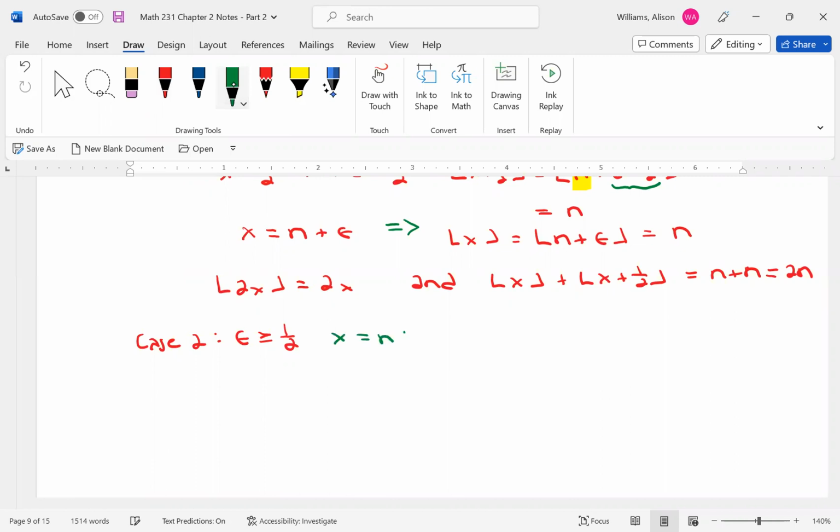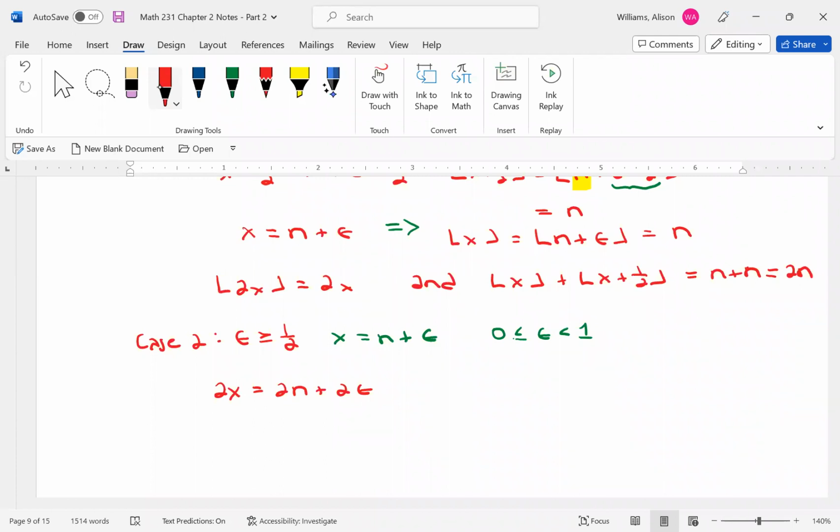Okay, so the same way I did before, I'm going to still use x equals n plus epsilon, where epsilon is between 0 and 1, but less than 1. Okay, great. Still using that. So I want to look again at 2x. Again, 2x equals 2n plus 2 epsilon. And I'm like, well, that's nice. The problem is, since epsilon's bigger than 1/2, we have a potential issue with this going over into the next one, right?